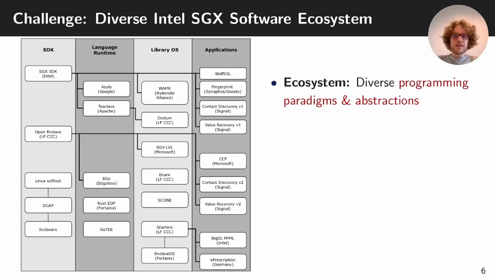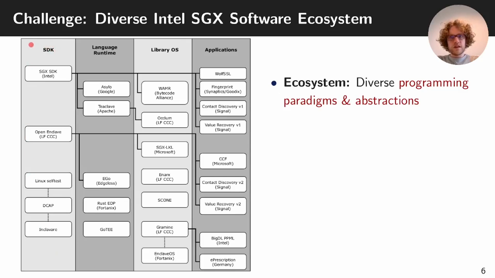Essentially, the starting point of this research is to recognize that all of these runtimes form an ecosystem. You see that ecosystem being summarized on the left, where different programming abstractions have been supported.